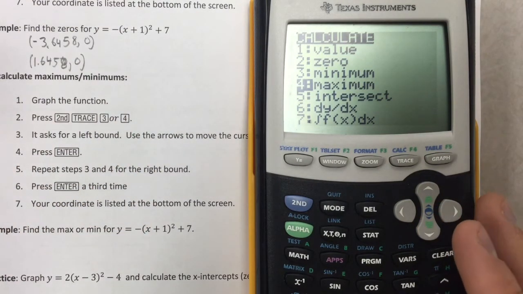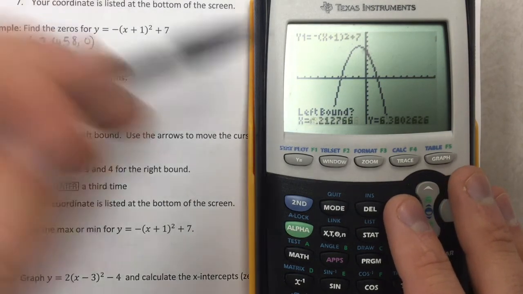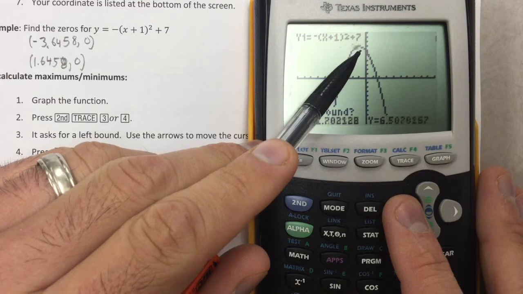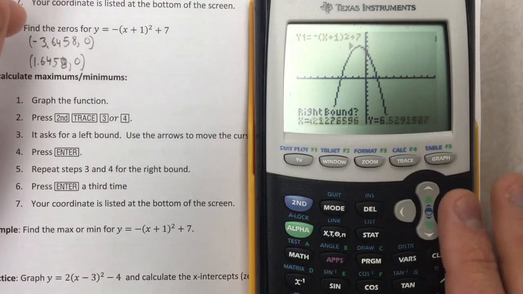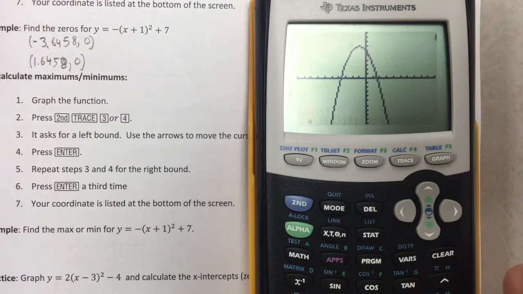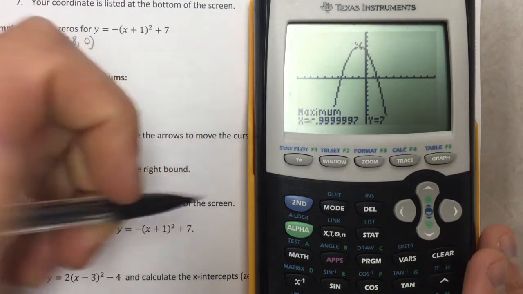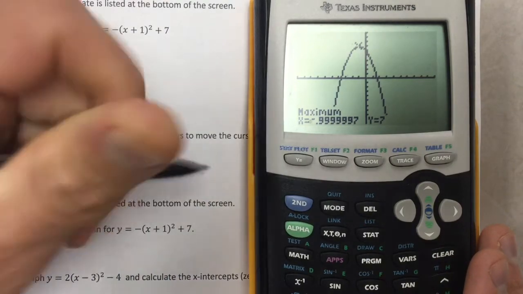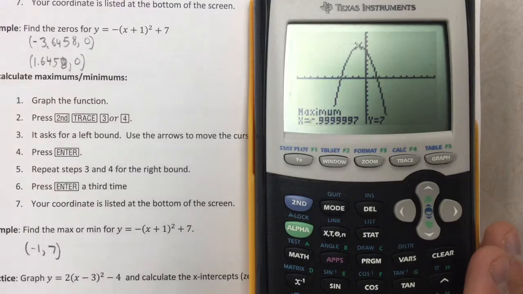So make sure you press which one it has. This has a max. And again, it's going to say the left bound, right bound. So if my max is here, I want to make sure I'm to the left of that, which would be here. To the right of my max would be over there. And then guess, you always just push enter one more time. So make that -1. I'm not sure why calculators do that sometimes. It gives you a long decimal. That is actually 1. So -1, 7.